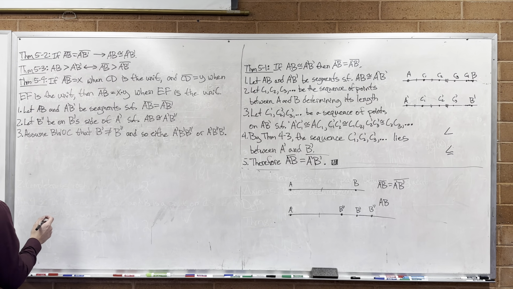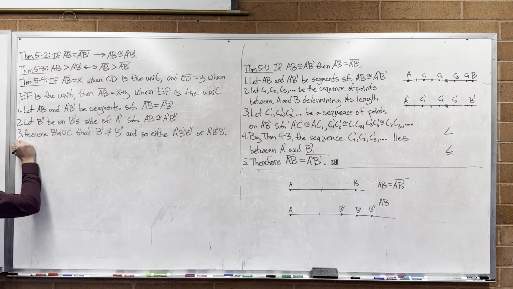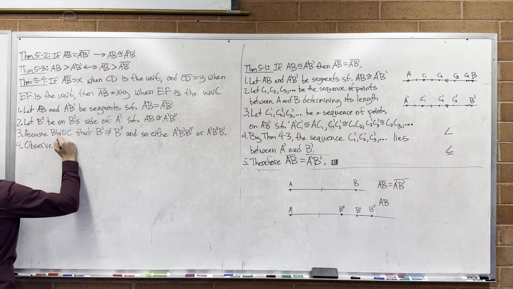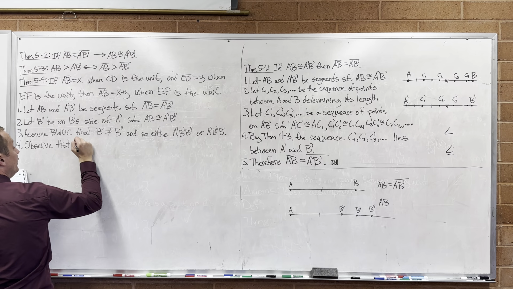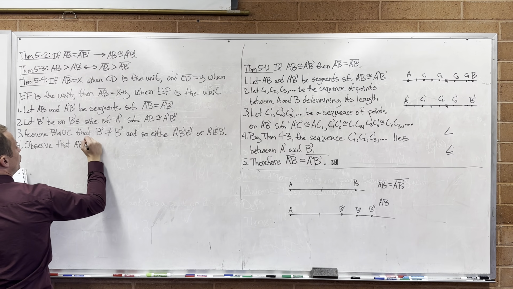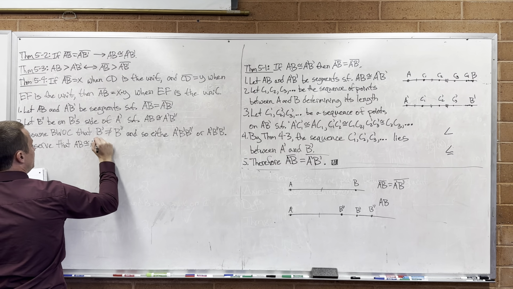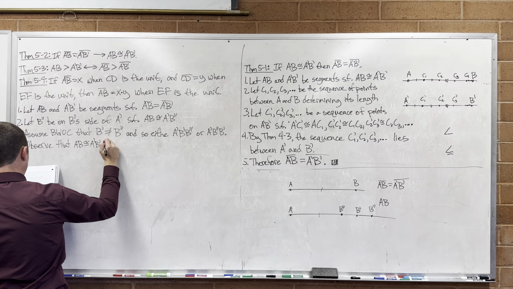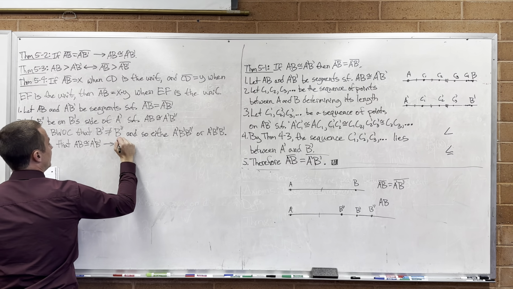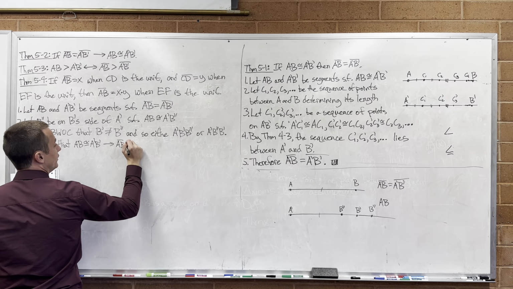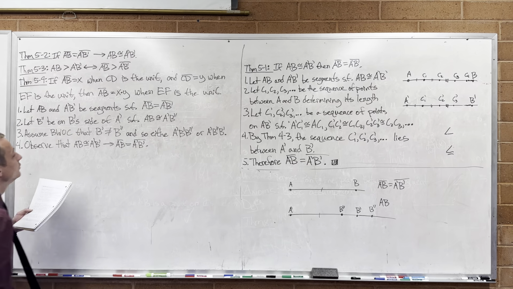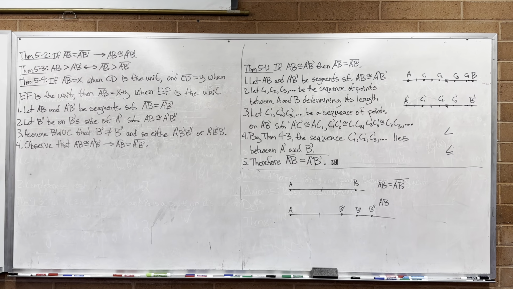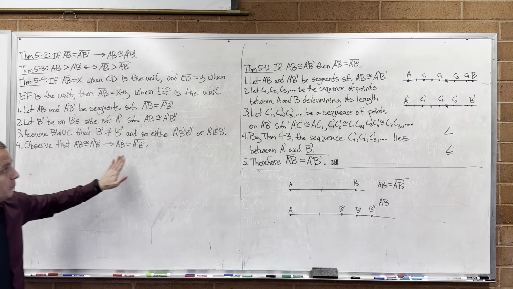Now, just a note from our previous theorem. Observe that AB congruent to A prime B prime implies AB's length is equal to A prime B prime's length. This we just know from our previous theorem.